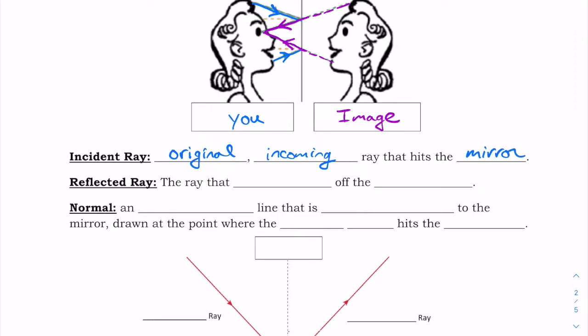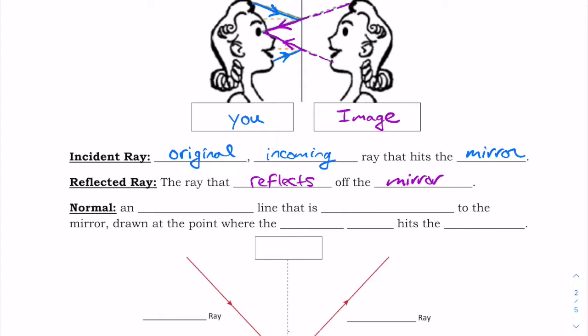In the picture above, I drew those rays in blue. The reflected ray would be the ray of light that bounces or reflects off of the mirror. And those were the rays in the picture above that I drew in purple. So I'm just trying to color code it to help you match.